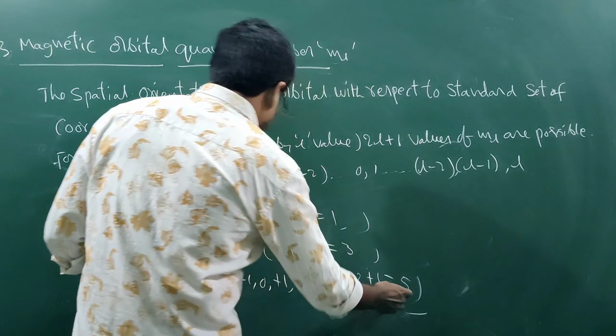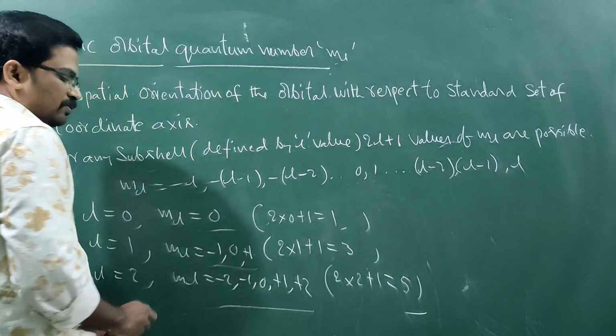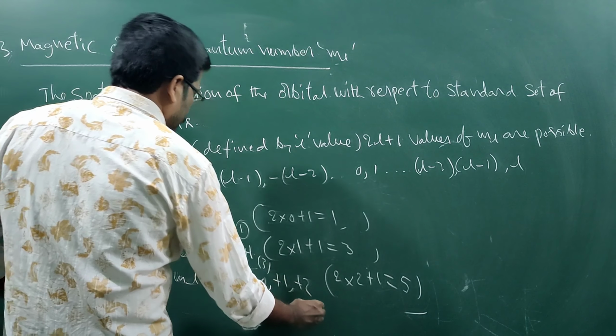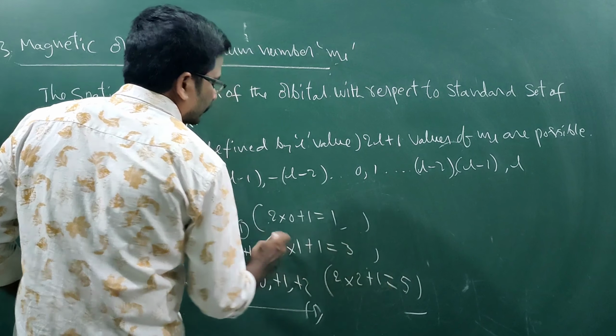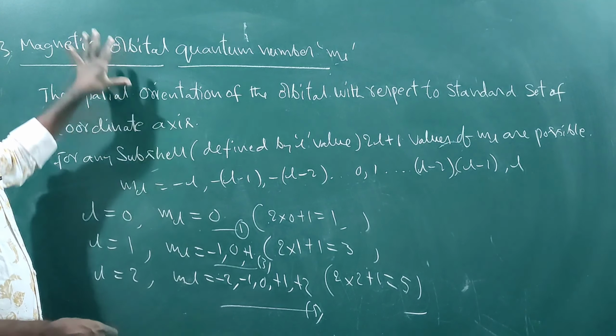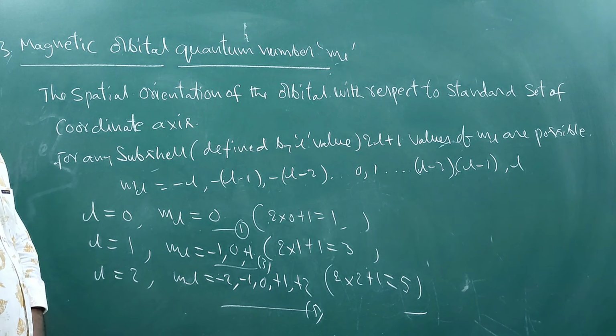So here the number of values is 1, here 3 values, and here 5 values. In this way you can understand the magnetic orbital quantum number ML.